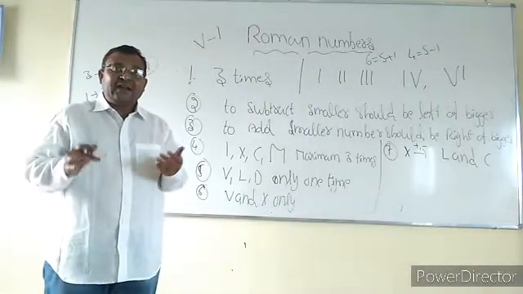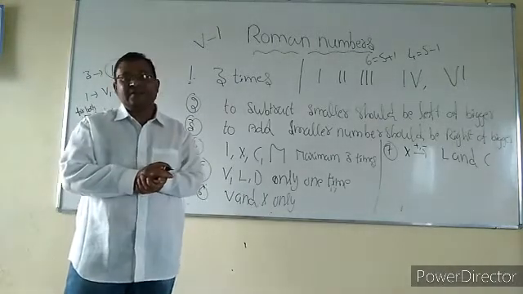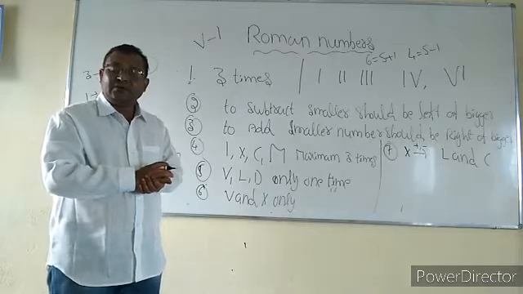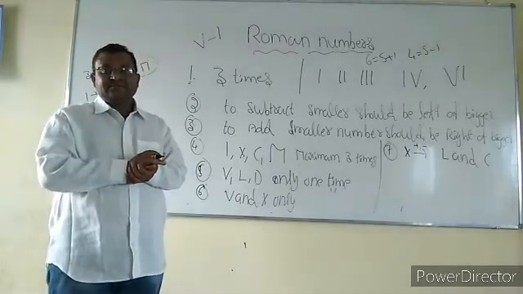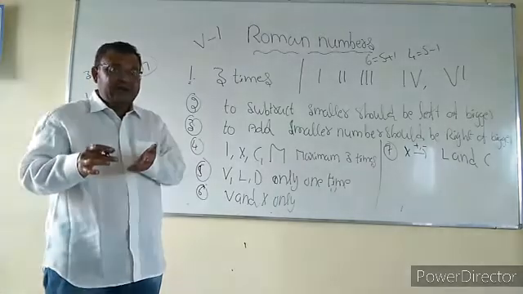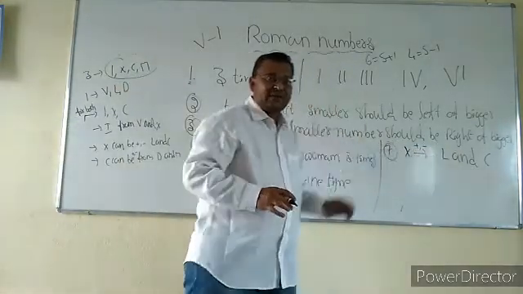We cannot add 10 to other symbols. That means we cannot add 10 to 500. We cannot add 10 to 1000. Only allowed 10 to add to 50 and 100 only.